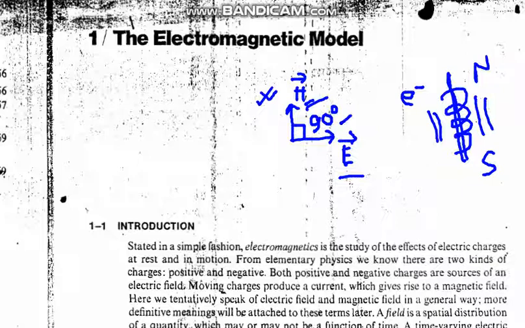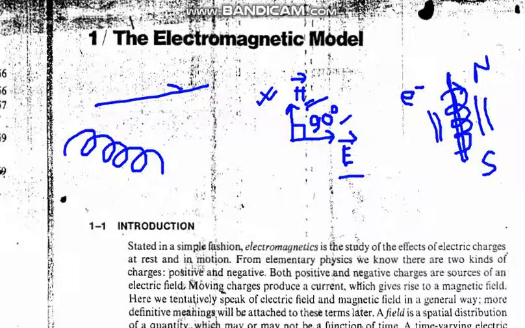It is at 90 degrees, but it's too low to be a magnet. For it to be a magnet, the electron should move through a spiral, towards a coil, then you can get the field out of it. Otherwise you can't get it. If it is a straight line, the magnetic field is much lower.